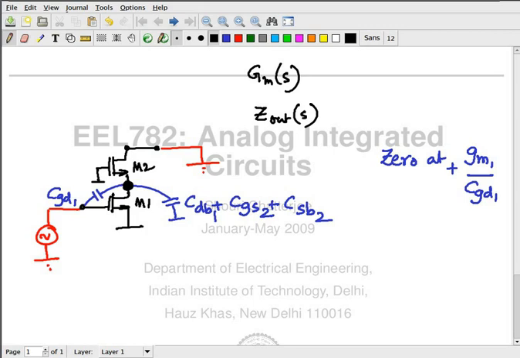Okay? And that pole is going to come because of that particular node, because of the impedance seen at that particular node. Now if I understand this much, then I can say that okay, let me compute the impedance that I see at that node, at that particular node.